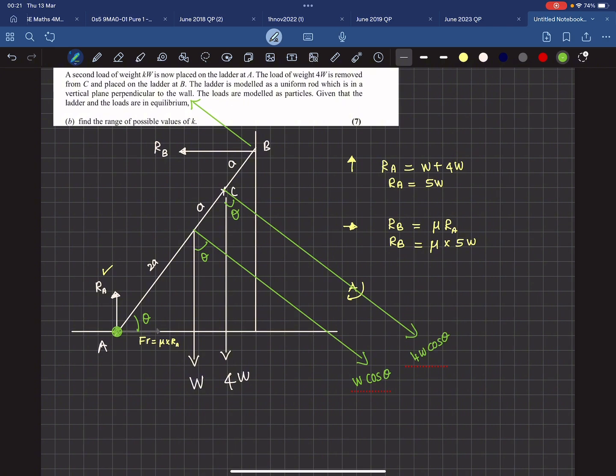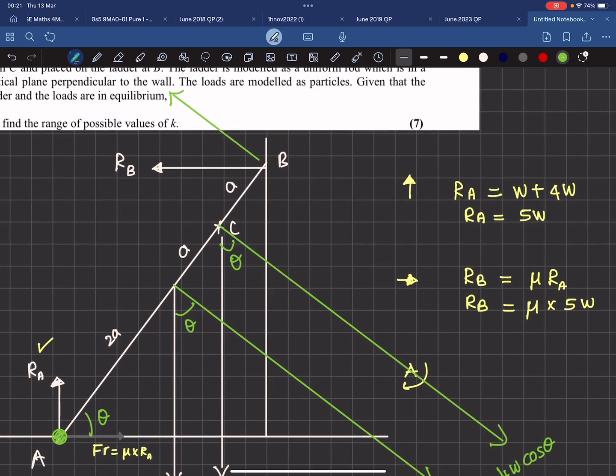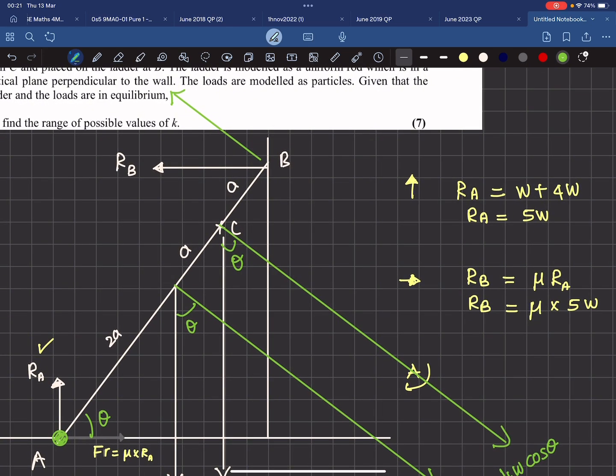Okay. Now, we have to deal with this RB as well. Now, what I know about RB is if this ladder is making an angle theta, now if you look at this, it makes this Z angle. So if this is theta, that has to be theta.